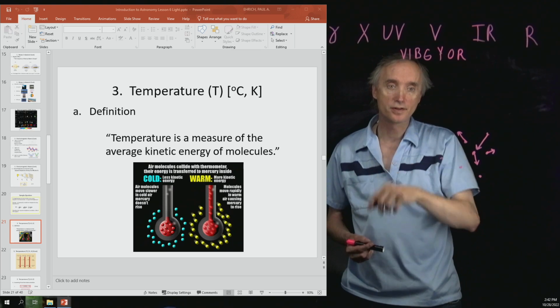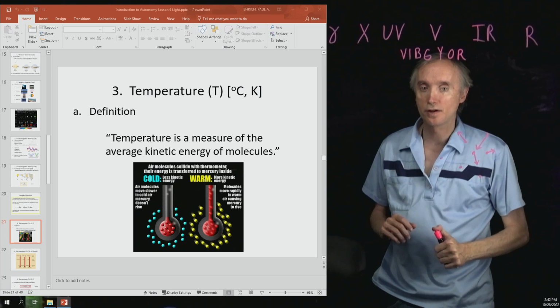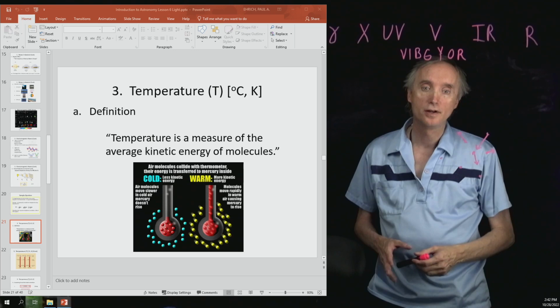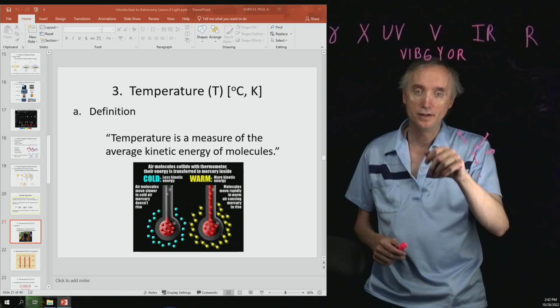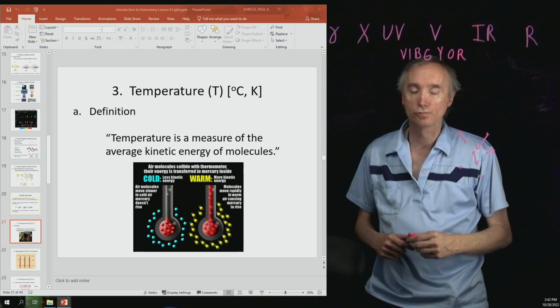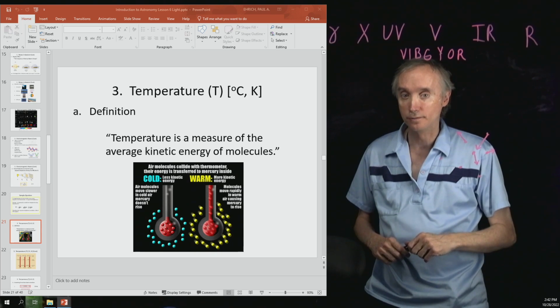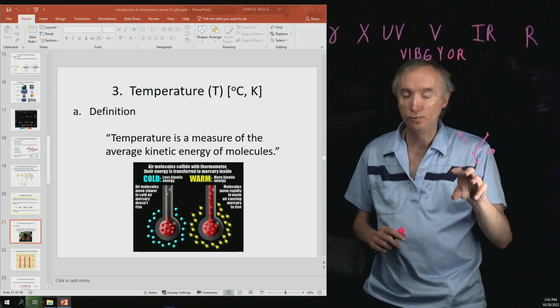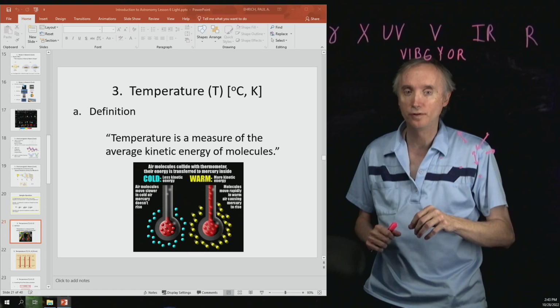So let's take a look at this picture here, which is of 2 thermometers. So the first thermometer is in some, let's say, room temperature water. And those blue molecules, they're just not moving very fast.